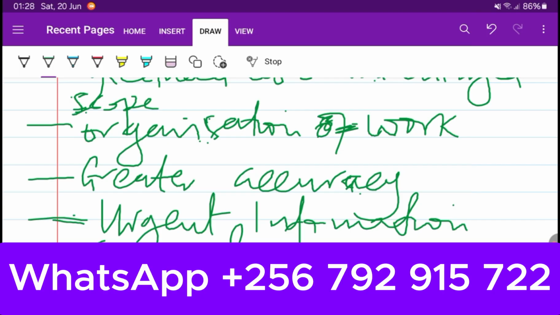So we are going to get urgent information because we are studying a smaller population, a smaller sample size.